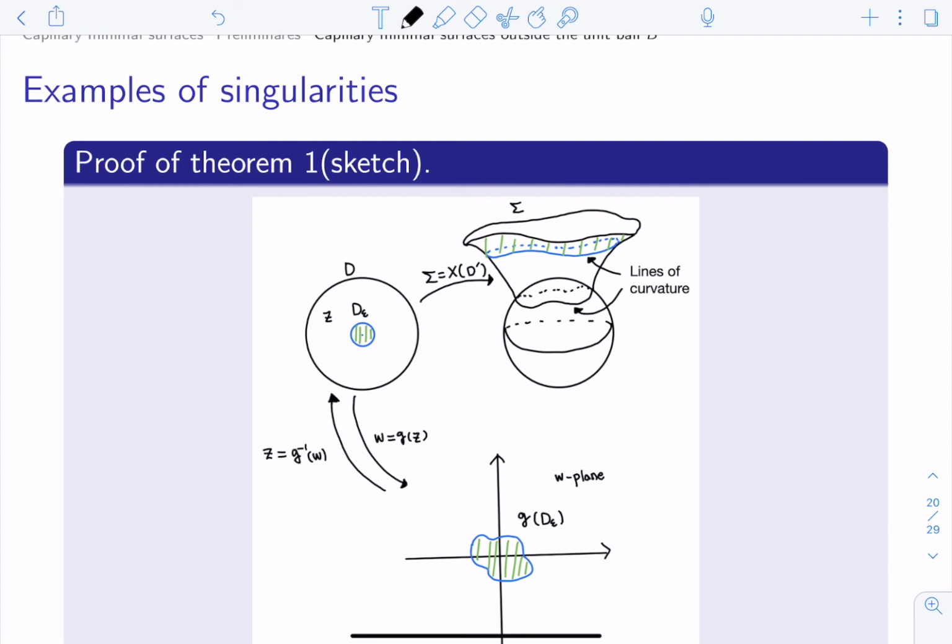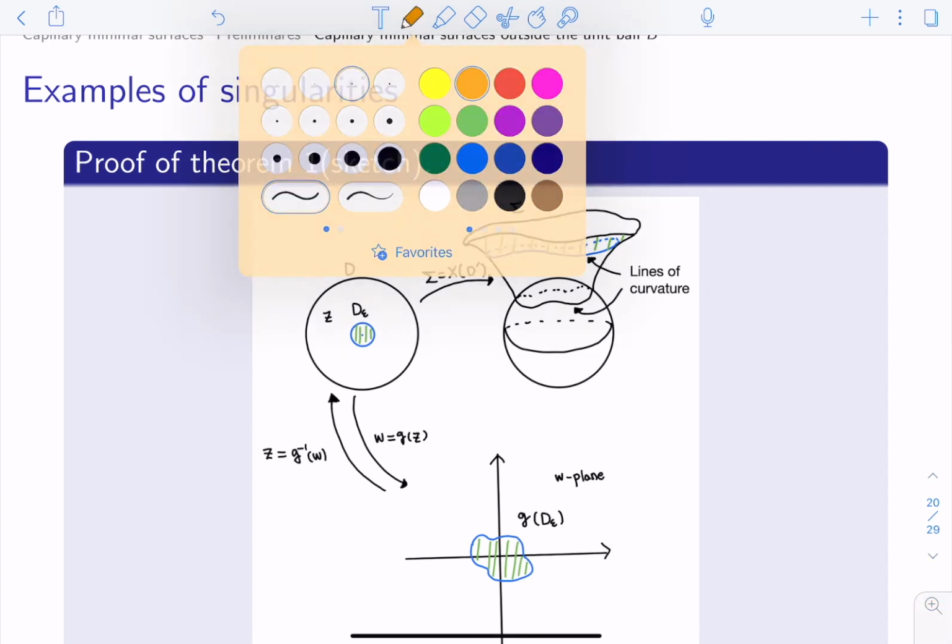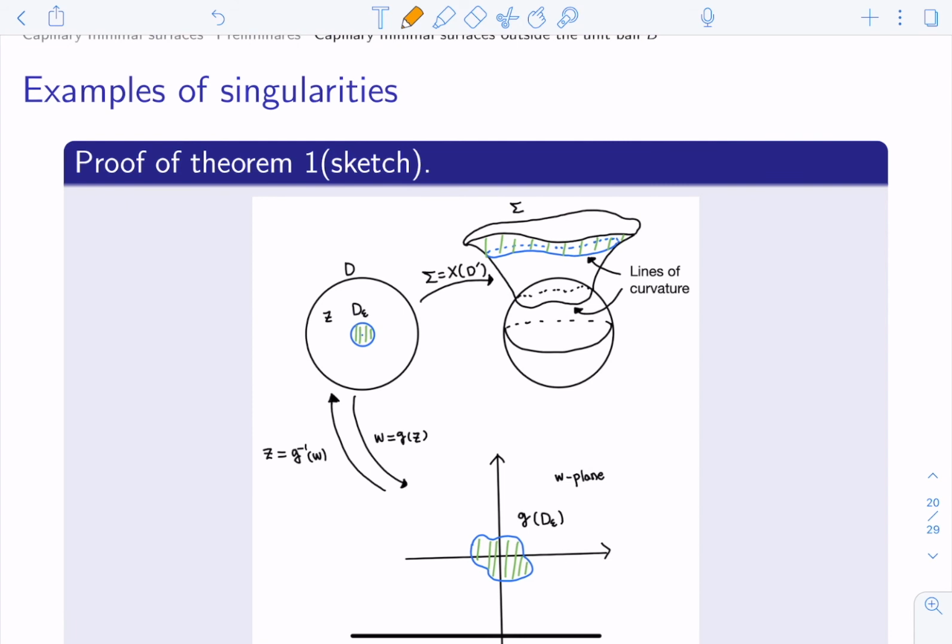The main idea is that we reparameterize the surface with the inverse of the Gauss map. The inverse of the Gauss map only exists locally, since G' is not 0 by Lemma 2. So here is the Gauss map, and here is the inverse of the Gauss map.